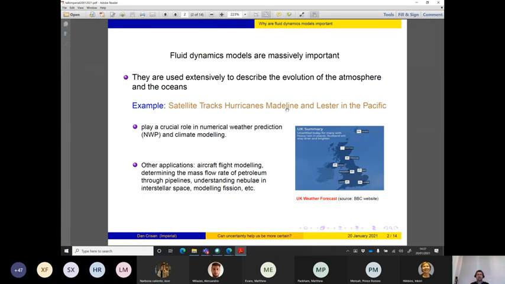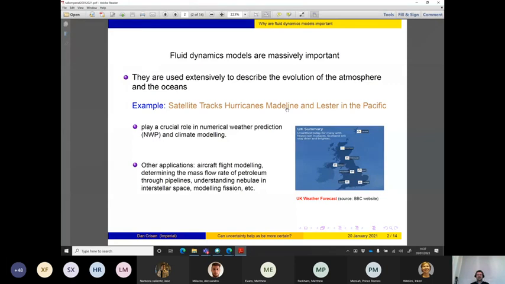We all live at the bottom of a massive ocean of air, which is obviously a fluid. We live next to the oceans.